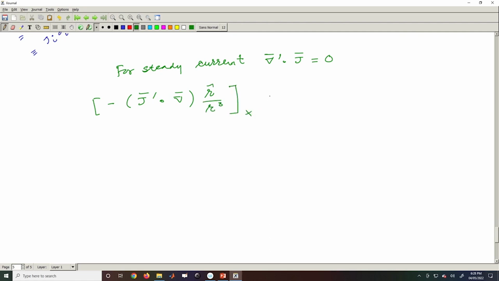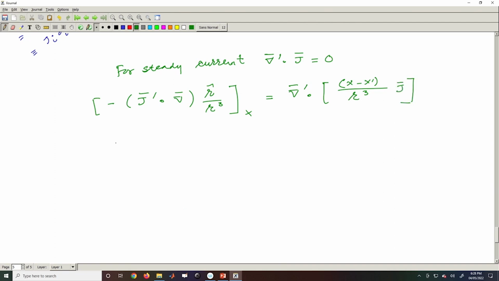The x component of that stuff is simply x minus x prime over r cube, and j vector.